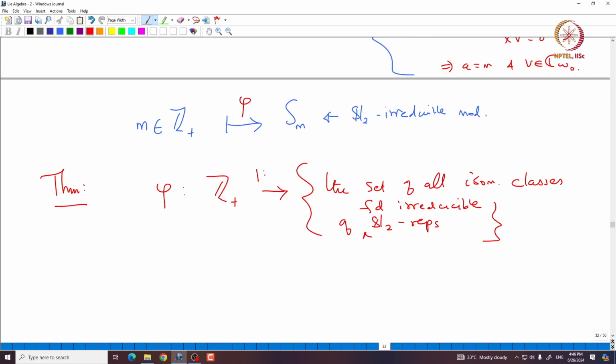We have this one-to-one correspondence. The map is given by just m goes to this Sm. So, this is how we denote the isomorphism class corresponding to Sm.